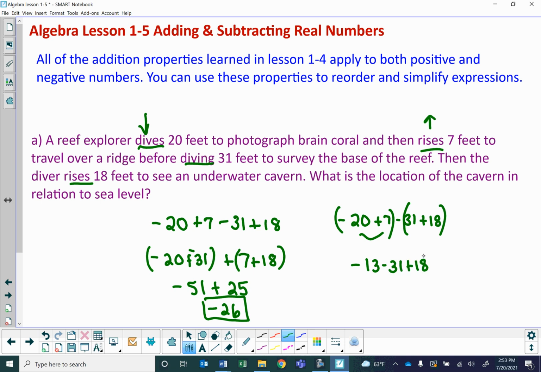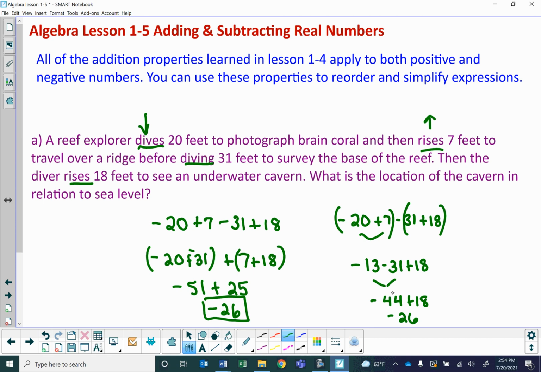Okay, I can do that, and I can say, oh, I can put these together and make that negative 44 plus 18. I'm still going to get negative 26 no matter which way I do it. As long as I pay attention to those negative signs, I should have the correct answer. But the order, as long as I'm putting the same number of negative numbers together, positive numbers together, or making sure that I keep the order neat and tidy, it will be fine.